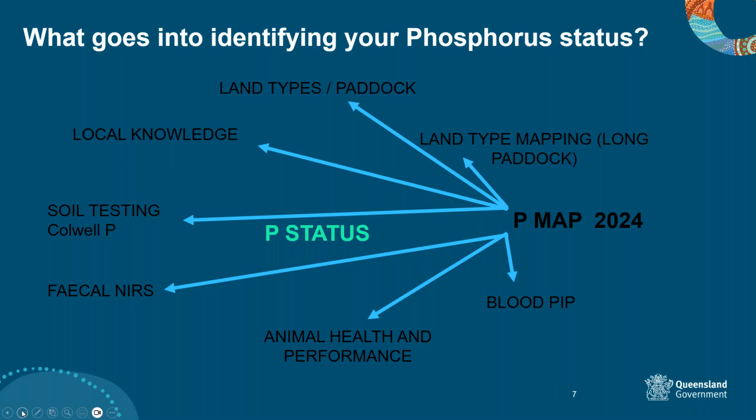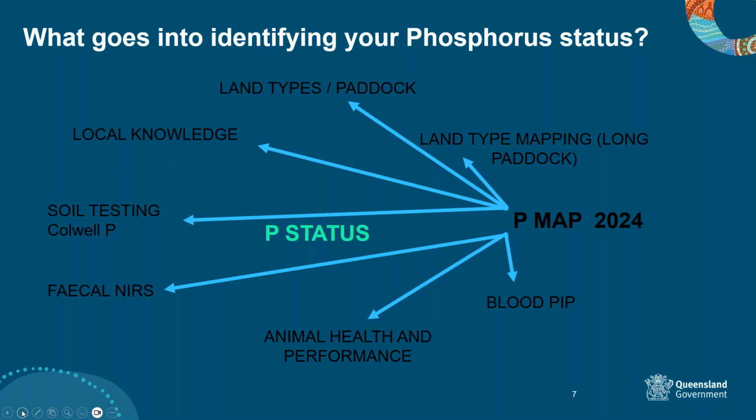But now we've got this P map come along, that's really going to help, especially from my perspective as extension staff, to communicate the variation in phosphorus by the land types. It'll help improve our overall local knowledge. Obviously, all of these things will as we go along, year after year, but the P map will definitely help that.